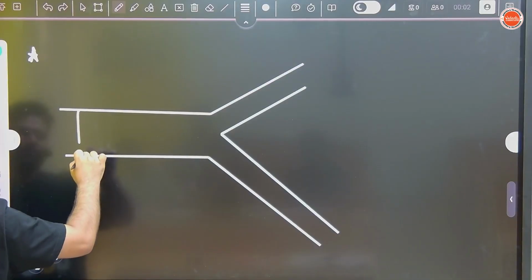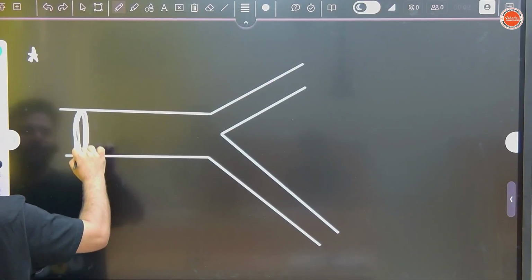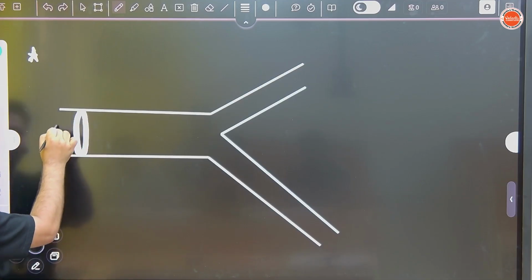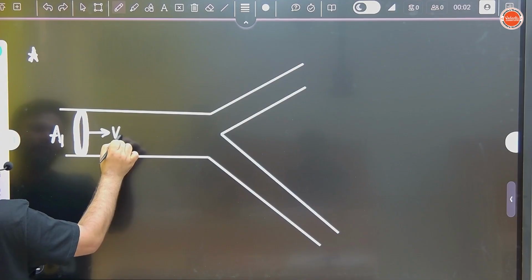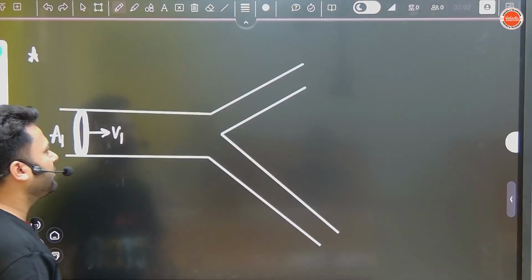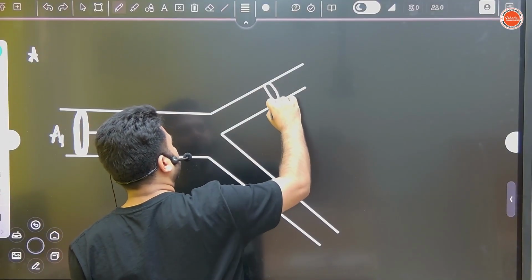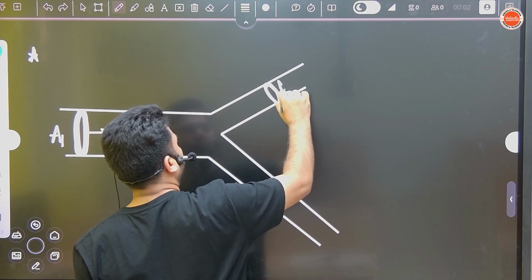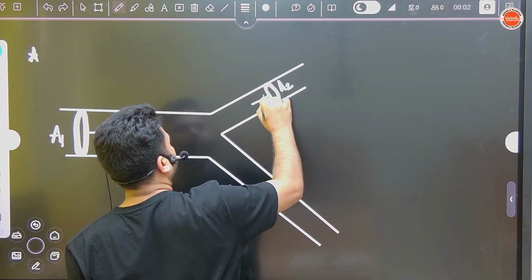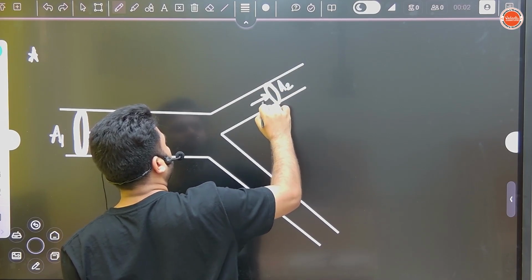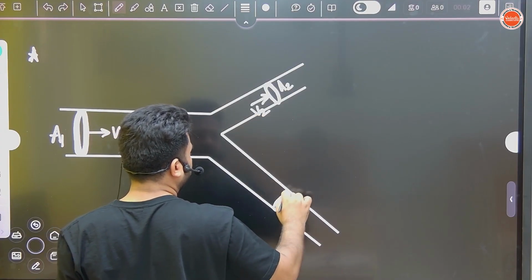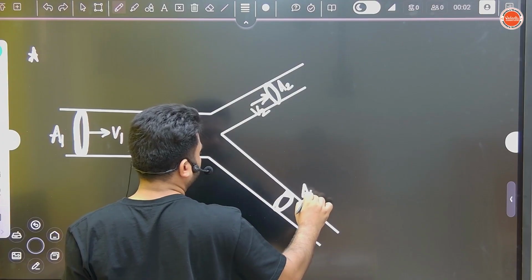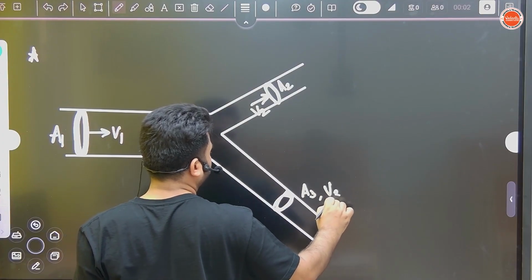Suppose here the area of this tube is A1, and the fluid is flowing with speed V1. Here the area of the tube is A2, and the liquid is flowing with speed V2. Here the area of the tube is A3 and the liquid is flowing with speed V3.